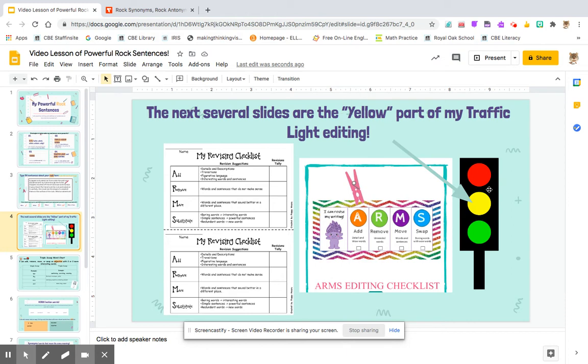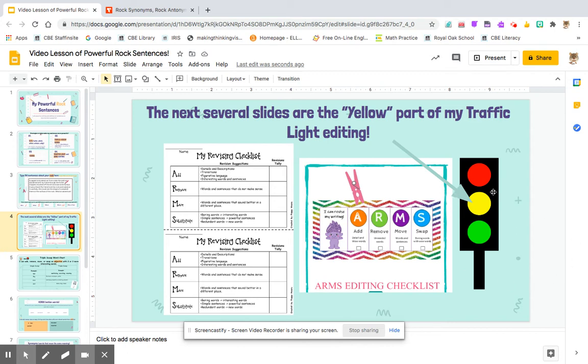They're going to be the yellow part of our traffic light. So the red part is our punctuation, exclamation marks, periods. Then the green part is the start of our sentences, just like at a traffic light. Green means go. So, how do our sentences start? With capital letters.